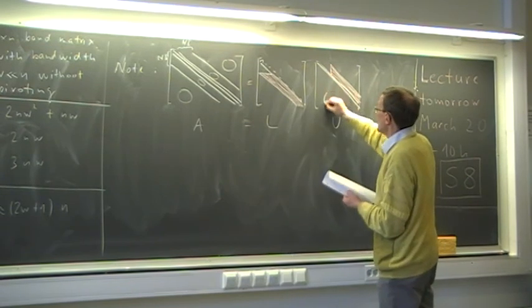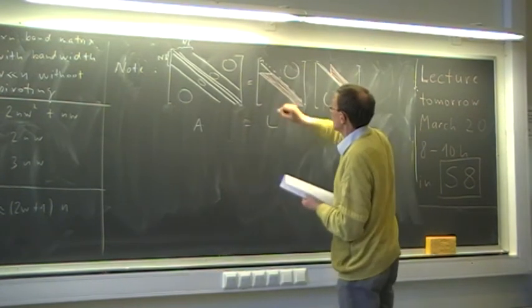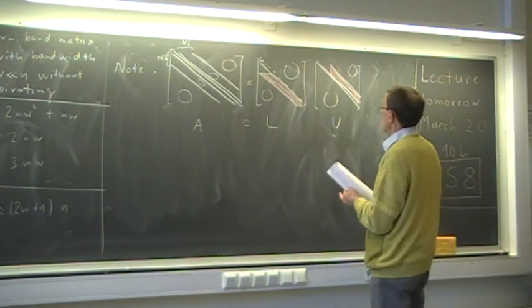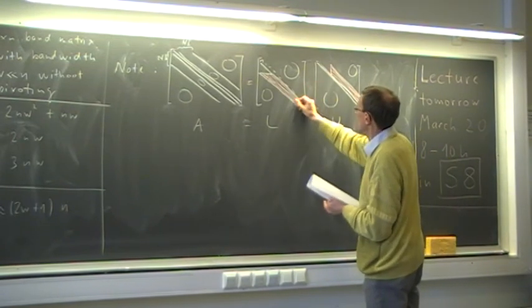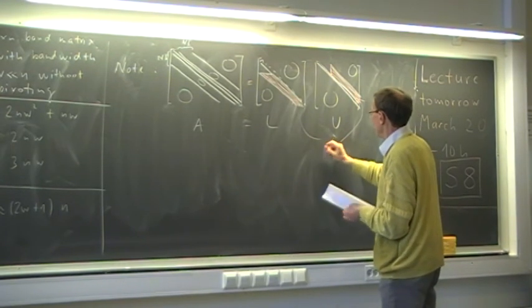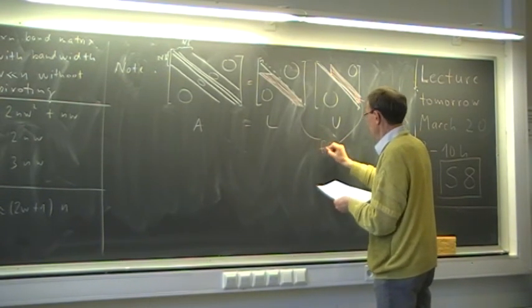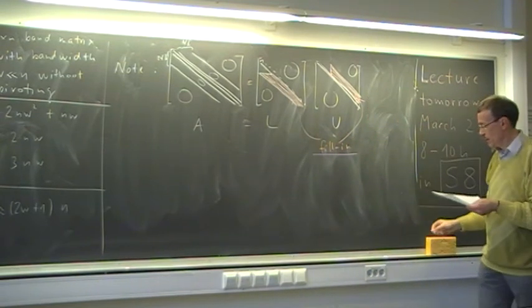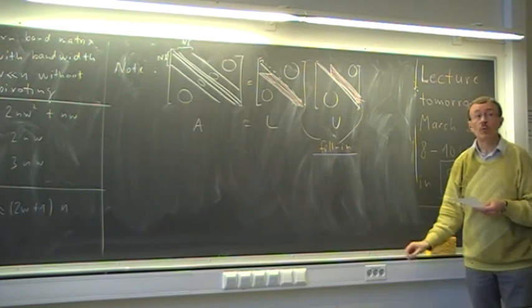We have still zeros here, zeros there, zeros here, and zeros there, but the red, that is called the fill-in. And that is causing us more work and more storage.